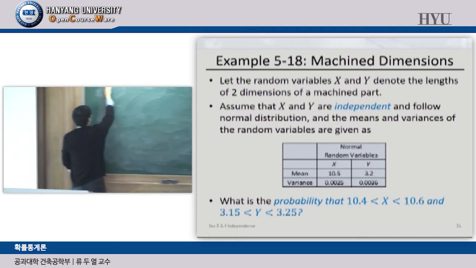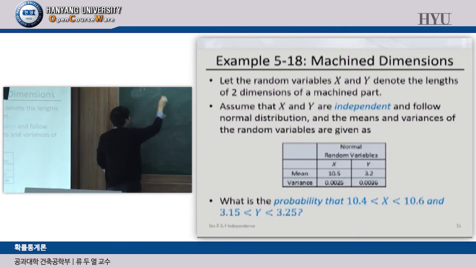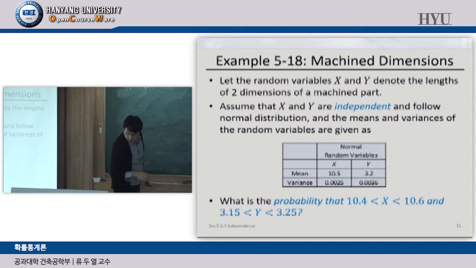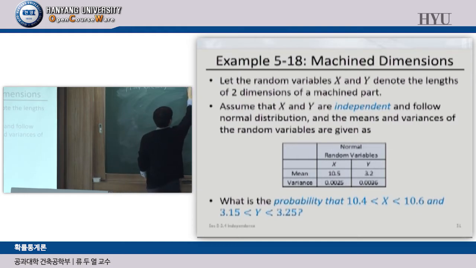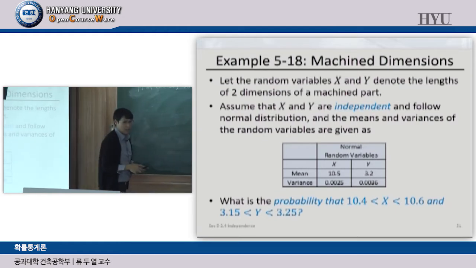So we need to calculate this equation: the probability that x is between 10.4 and 10.6, comma, y is between 3.15 and 3.25.